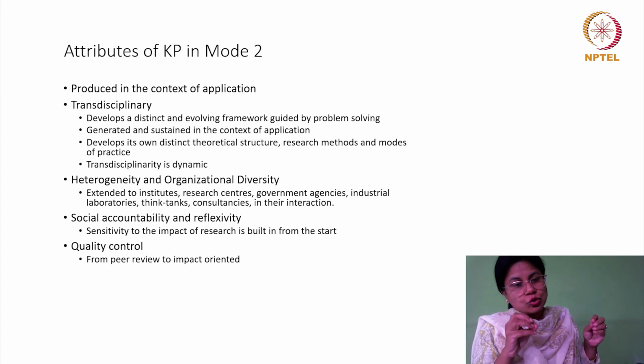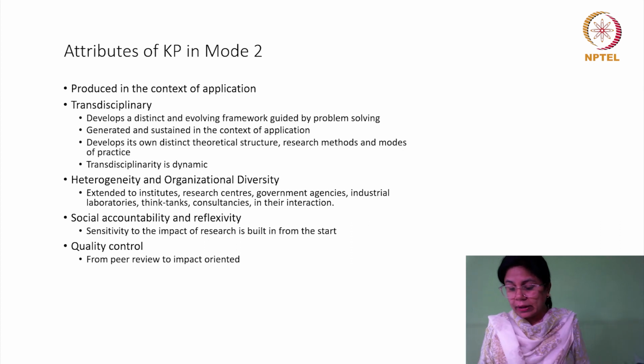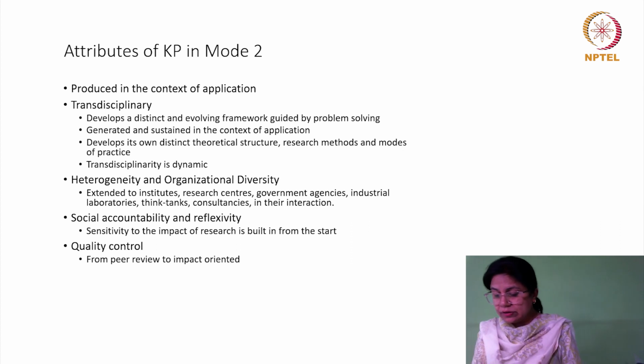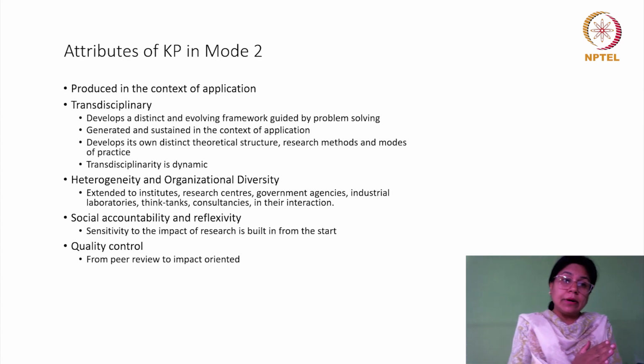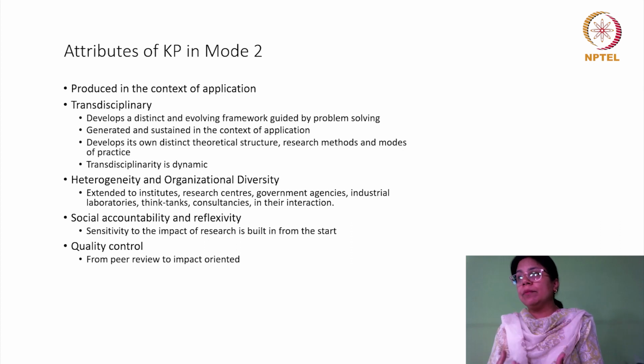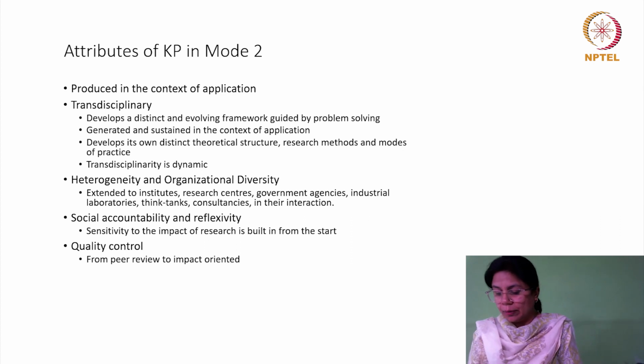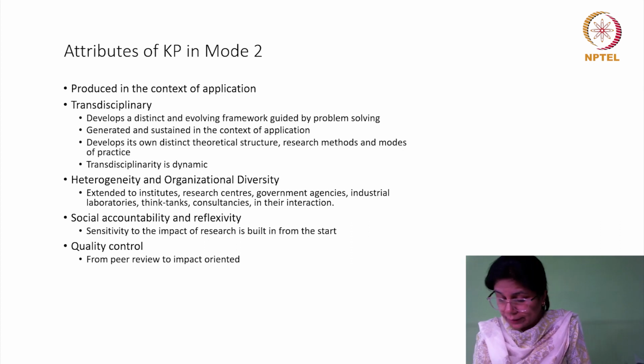Social accountability has in fact permeated the entire knowledge production process, and has entered from the beginning itself. Why? Because if you don't address some of the major social problems or humanities problems from the beginning, you may find that later the problems become much more confounded.